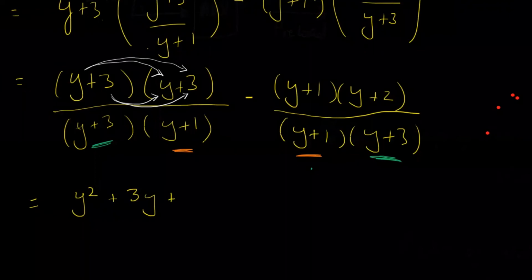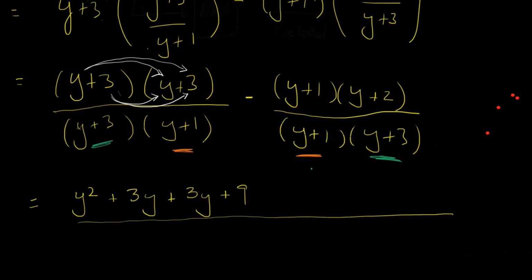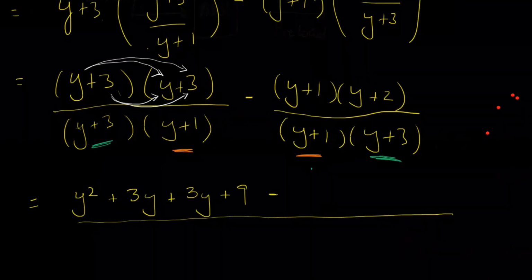What's 3 times y? 3y again. And what's 3 times 3? 9. I'm going to draw a big one there. Minus. What is y times y? Y squared.